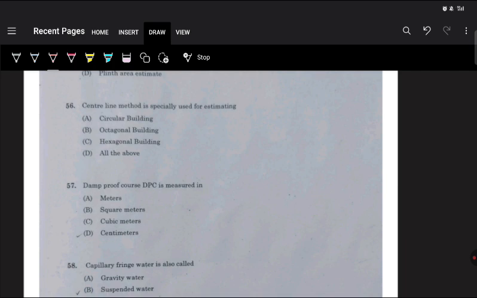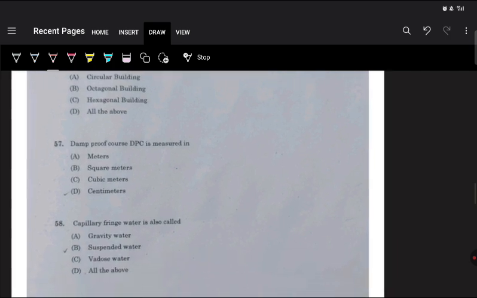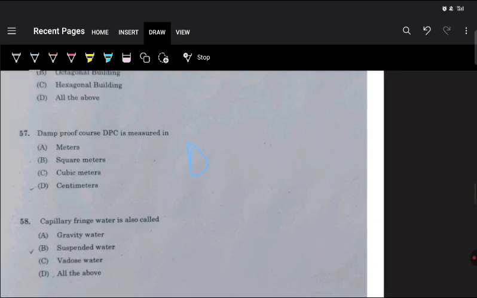There is another method called the Long wall-Short wall method. Remember, the Long wall-Short wall method is used in PWD. Damp-proof course, DPC, right?